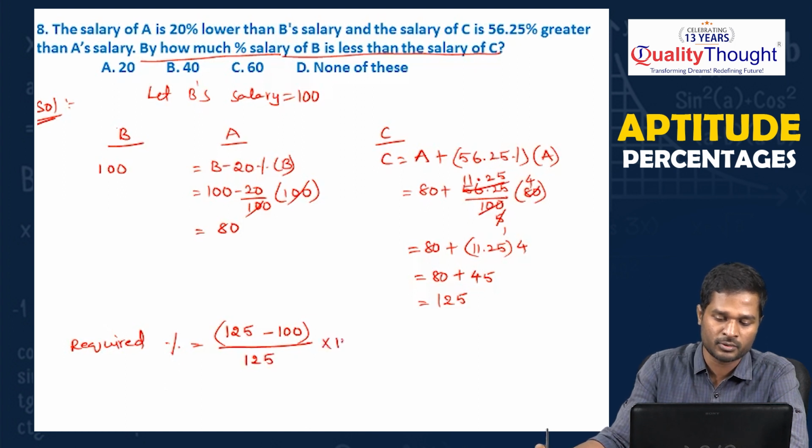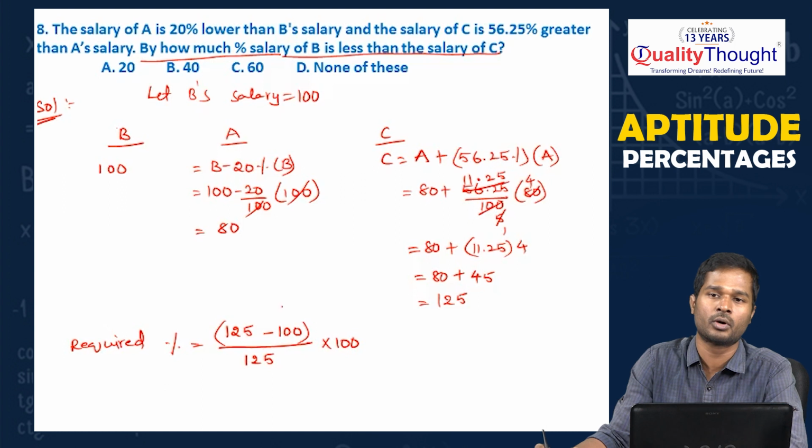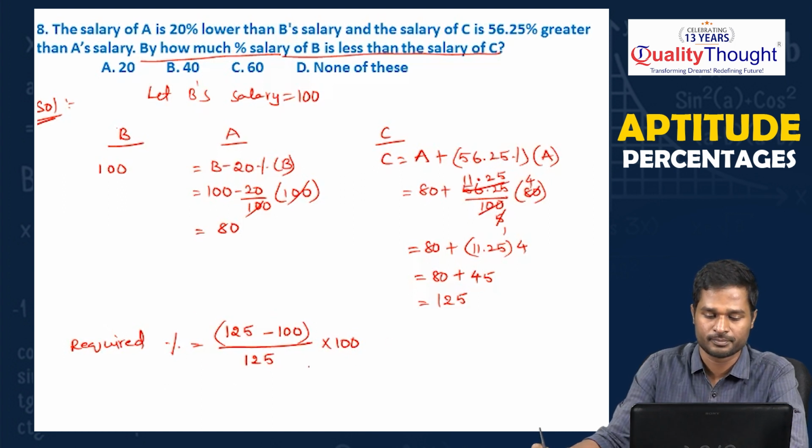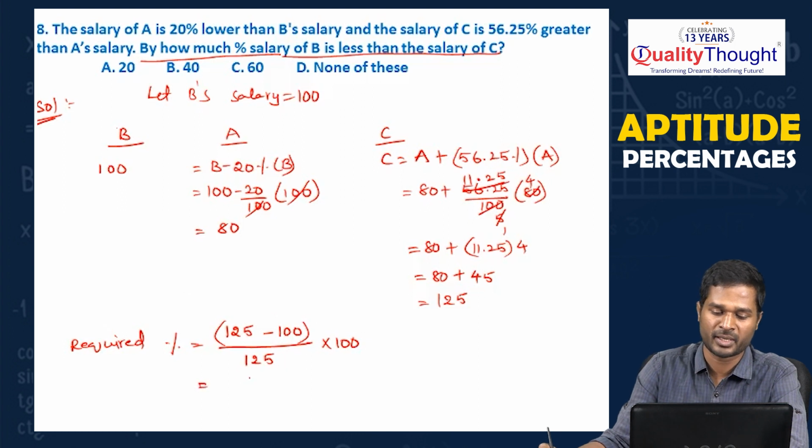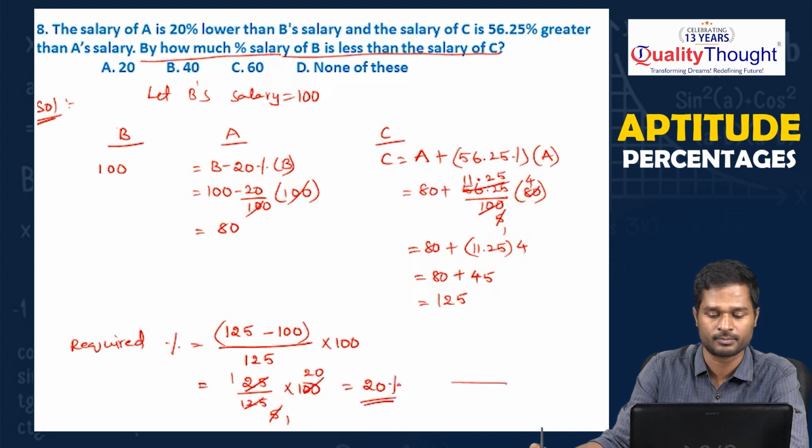Do not write B value in the denominator; the value with which you are comparing, write that value in the denominator. So this is 125 minus 100, 25 by 125 into 100. 25 ones are 25, 5 fives are 25, 20. So the answer is 20%.